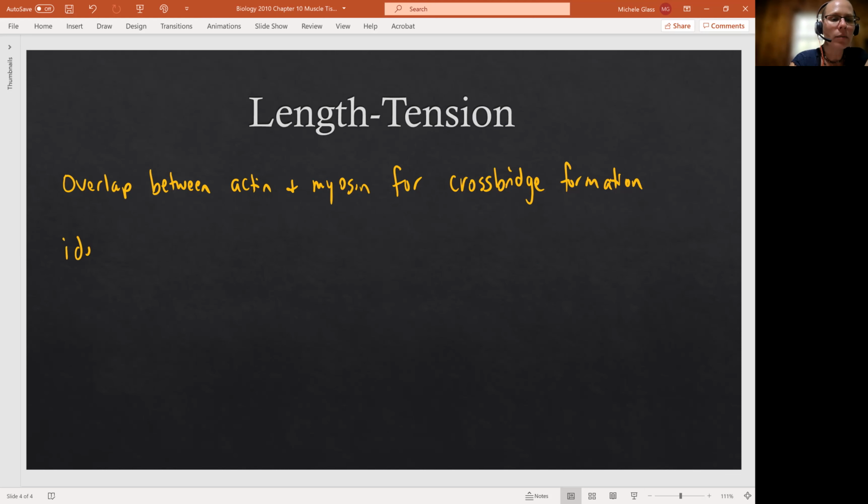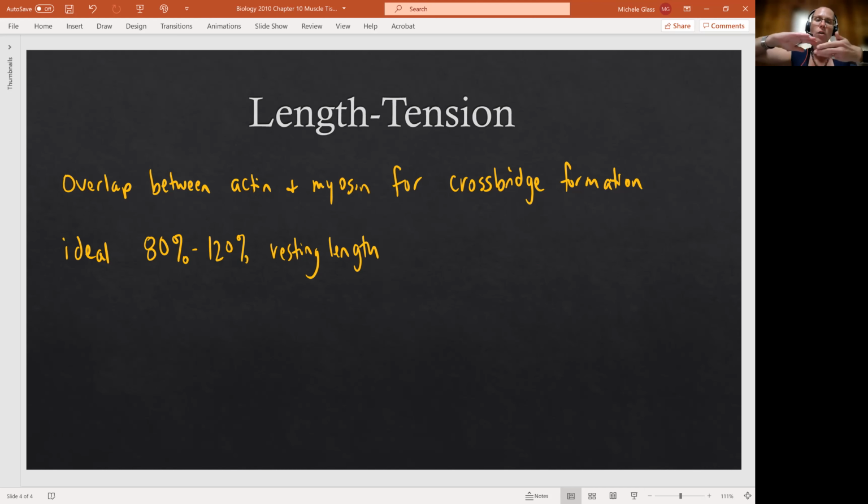Now, there's an ideal amount of overlap, and that's like 80% to about 120% of the resting length. So if the sarcomere unit is at this ideal length, then we're able to produce a good amount of tension. If there's no overlap between the actin and the myosin, they're not going to be able to do any cross bridge formation.